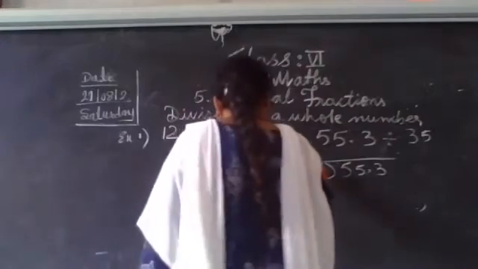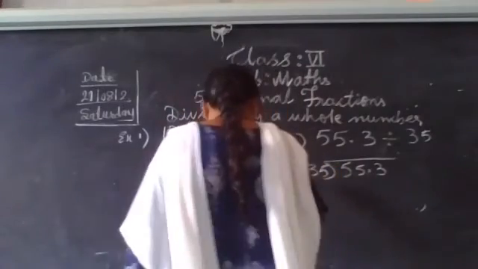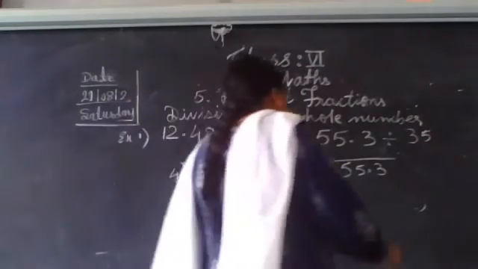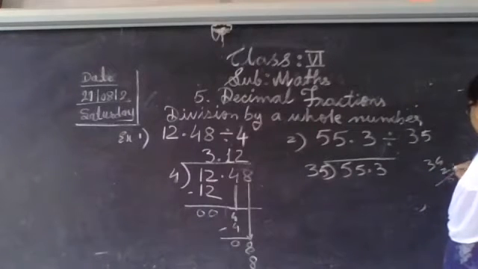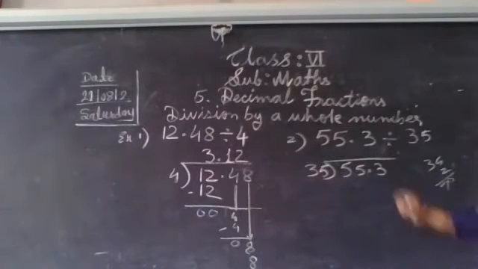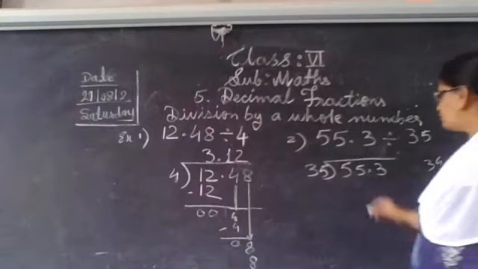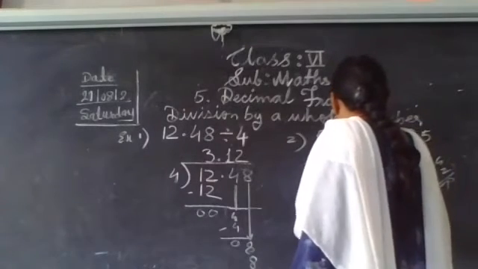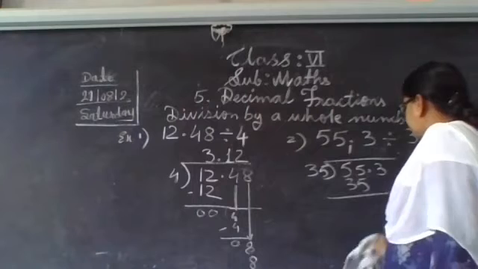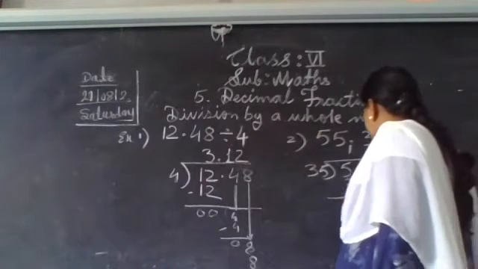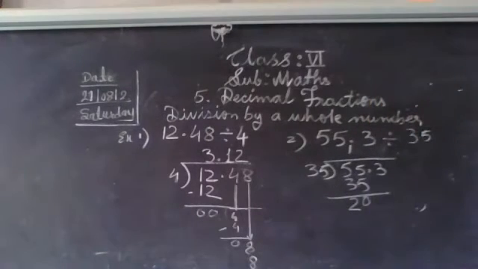Okay. So 35 2s are 70. But here we have 55. So 35 1s are 35. Got it, beta?